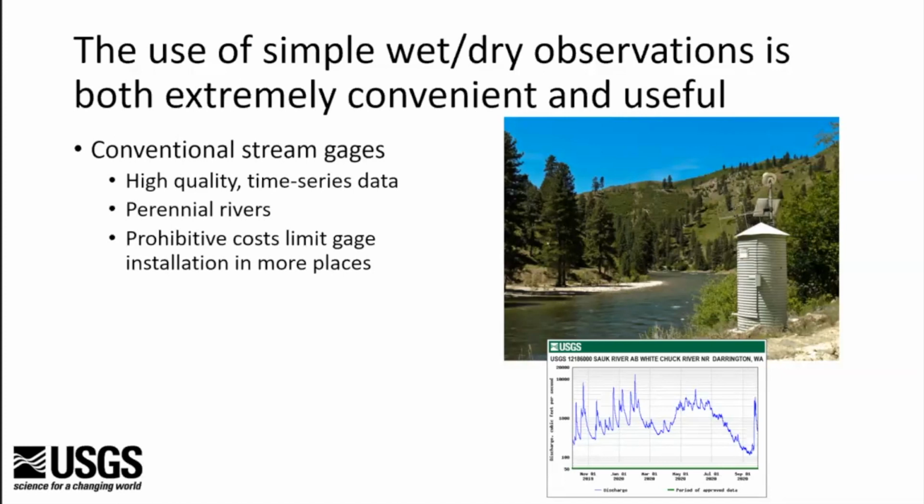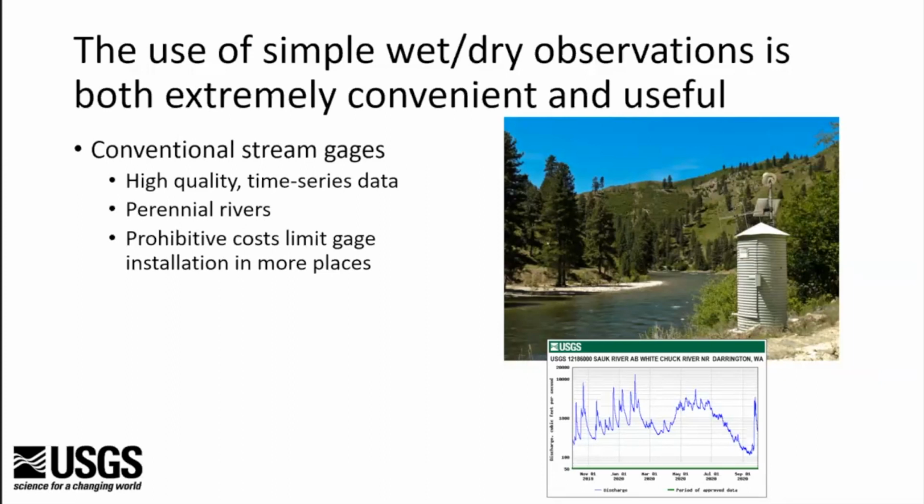It provides high quality time series data, but we know there's a bias to perennial systems, and it can also be prohibitively costly. In Washington State, a USGS gauge is about $30,000 a year to install and operate, and that cost is usually shared by a local partner that is interested in that data.